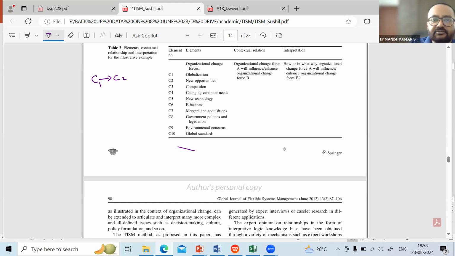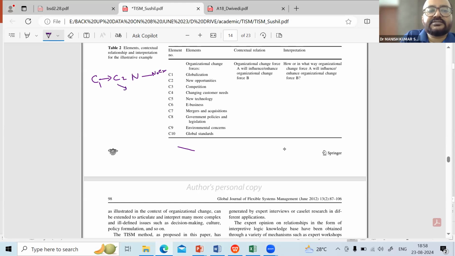We are trying to find out the interrelation and the hierarchy of the factors, and we try to define how they are impacting each other, what the interrelations are. So for example, you are asking, C1 to C2, is C1 influencing C2? If it is no, then no explanation.